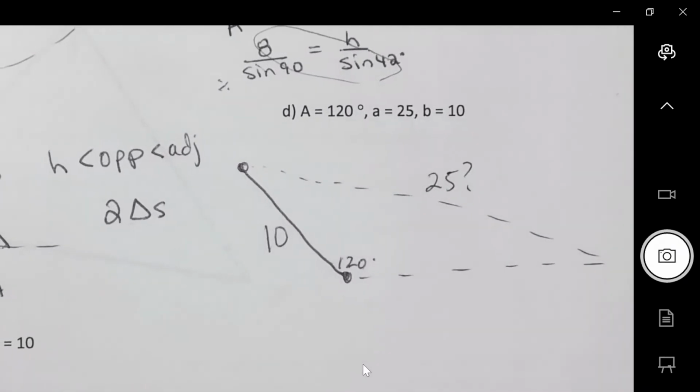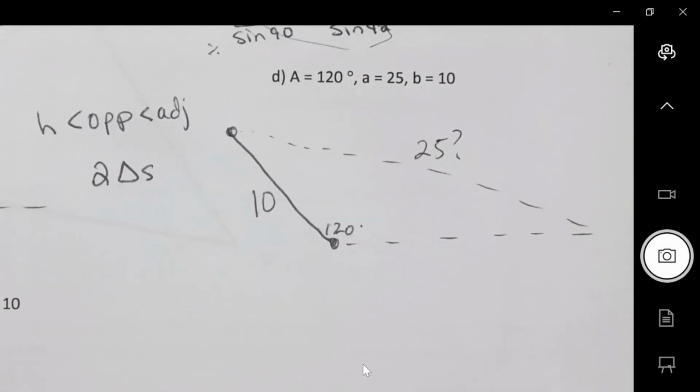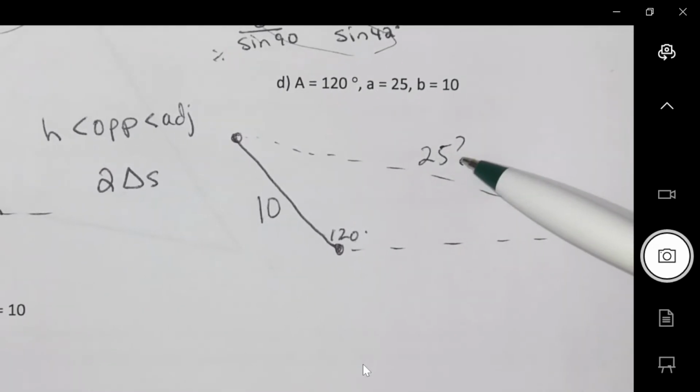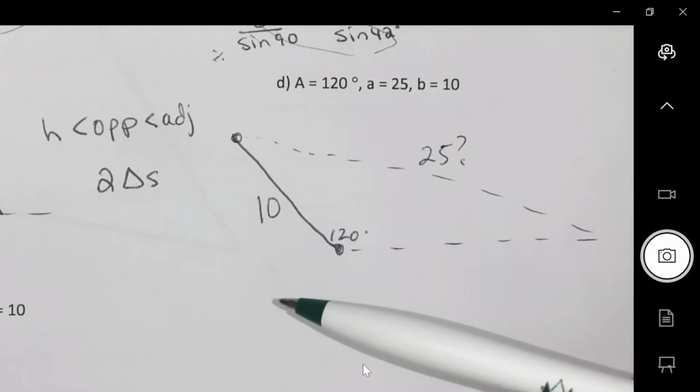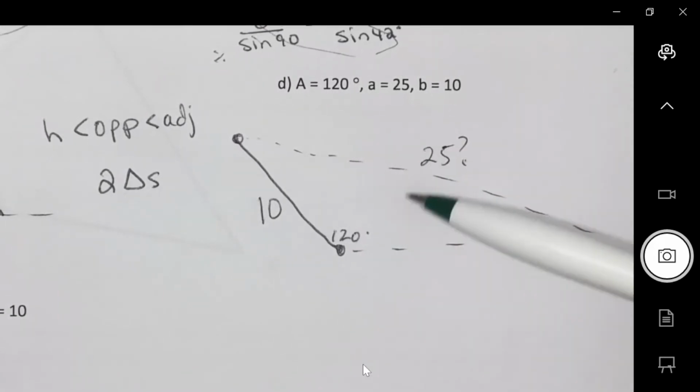Does 25 work? Is it long enough? So we're going to test. Okay, obviously if this number was less than 10, it wouldn't work. Because whatever side you have here has to be the biggest side of the whole triangle, because 120 is going to definitely be the biggest angle.